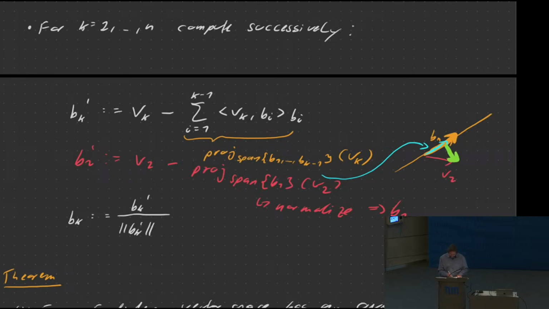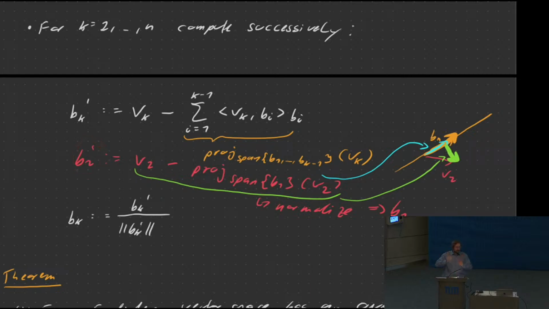That is exactly the vector that we want to obtain. That is, in simple words, the part of V2 that is orthogonal to the space spanned by B1. So that's what V2 adds to the information that is already given by B1, in a certain way. We take out everything that is already covered by B1, and that is the remainder. And that will be our second basis vector of the ONB.